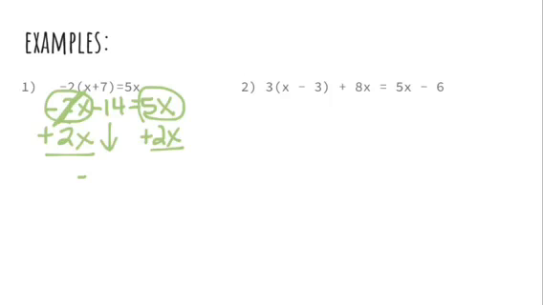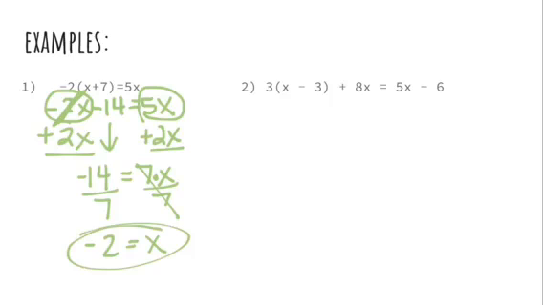I'm going to bring down my -14, my equals, and 5x plus 2x is 7x. Now my next step is to get rid of the coefficients. This was 7 times x, so I'm going to do the opposite and divide by 7. I'm left with -2 equals x.